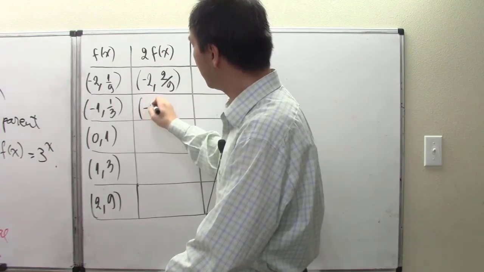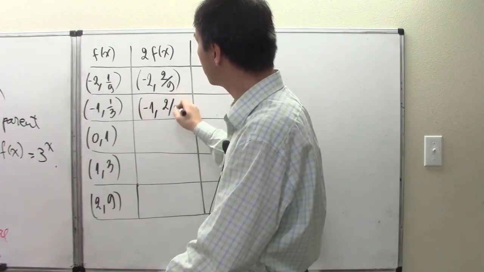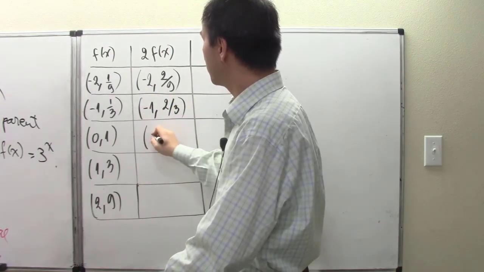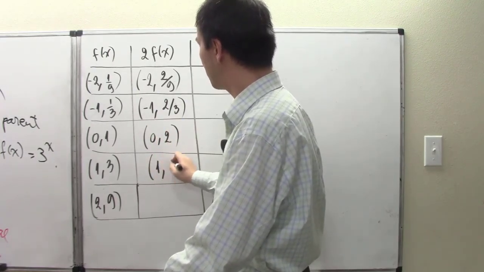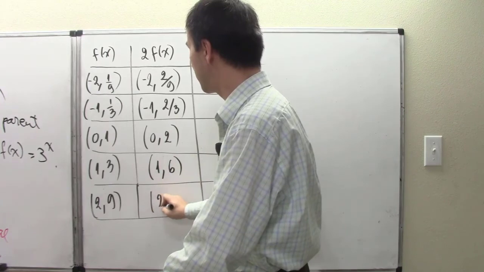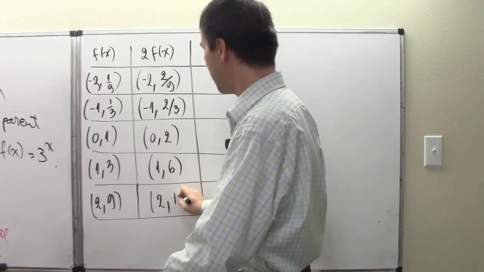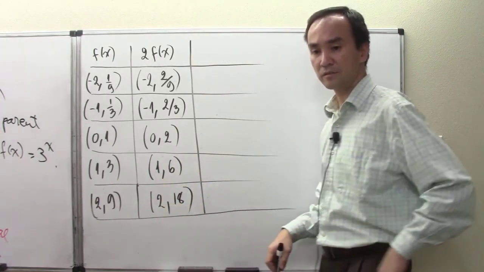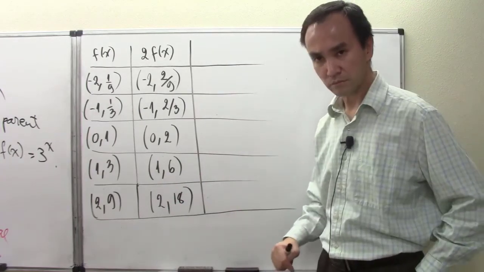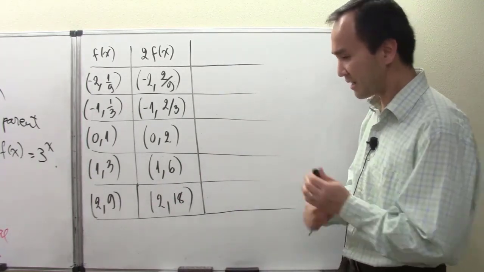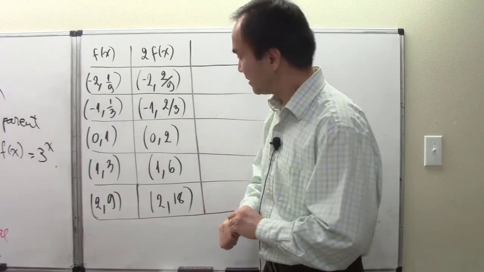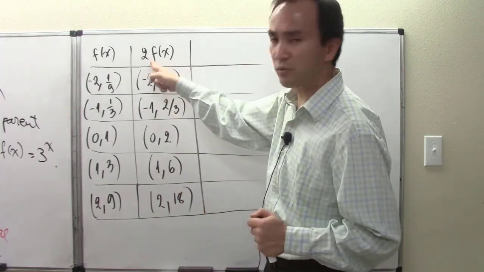Now negative 1 comma 2/3, 0 comma 2, 1 comma 6, and 2 comma 18. Quite large values there. These are the guiding points after we multiply, and now the next step is to produce the next column.